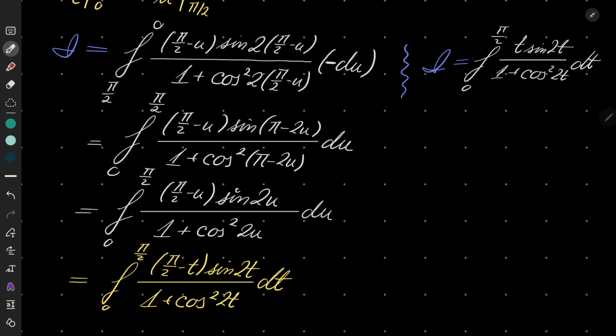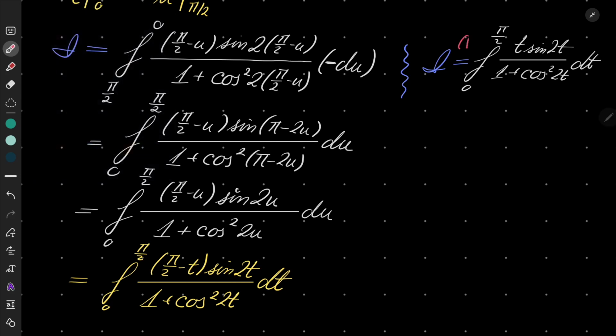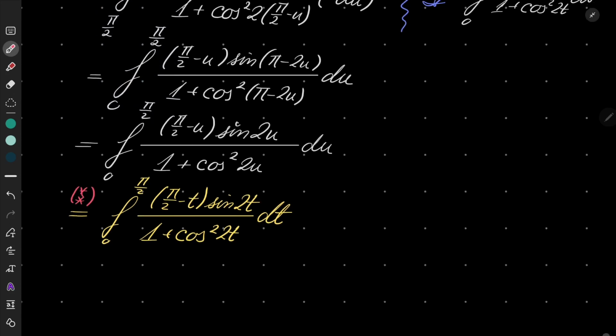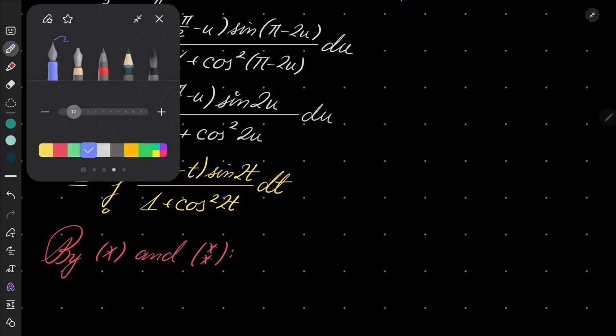And what I suggest doing, by noticing that this part is exactly the same as this part, is adding these two integrals together. Let's call these conditions asterisk and double asterisk. By asterisk and double asterisk, we have the following.